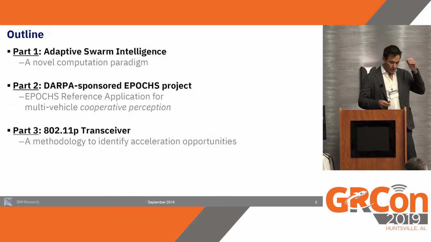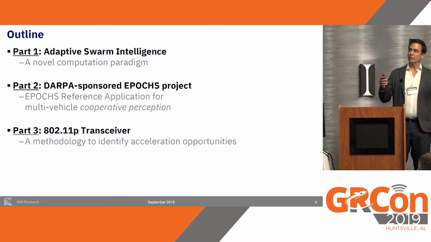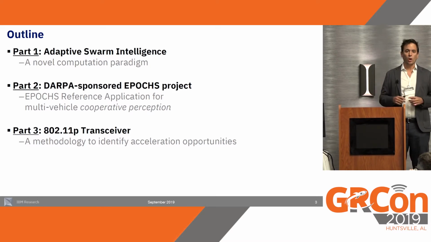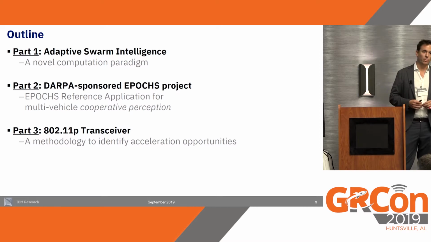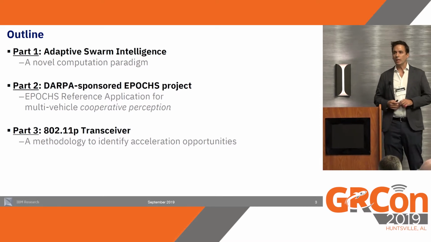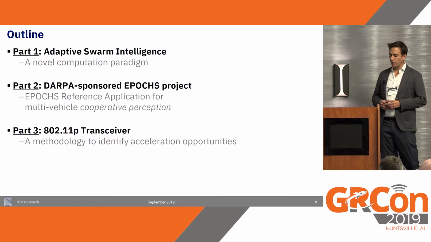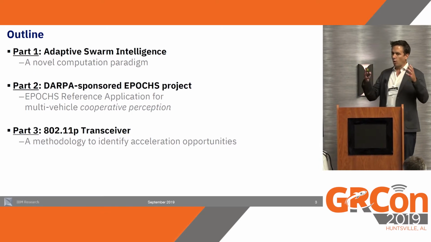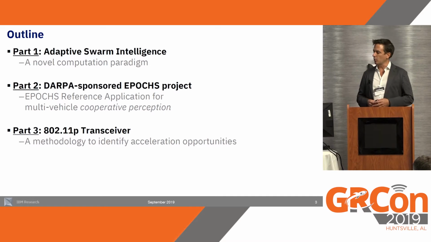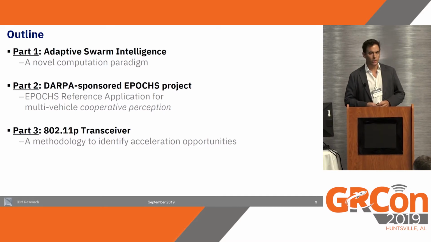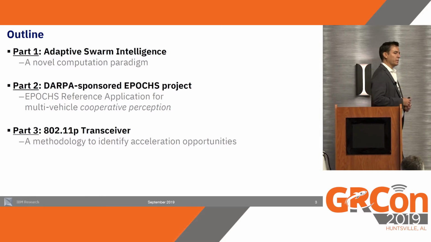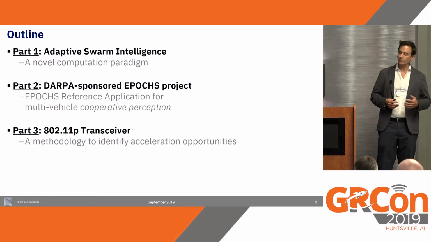So today I will start by talking about an umbrella research topic, something that we call adaptive swarm intelligence, which is, or we hope it will be, a novel computation paradigm. Then I will go into more specifics. I will present our DARPA-sponsored EPOCH project, which revolves around this adaptive swarm intelligence idea.